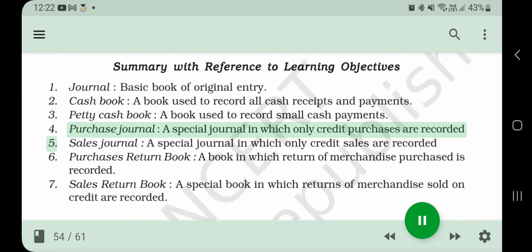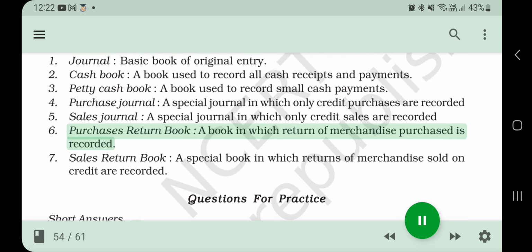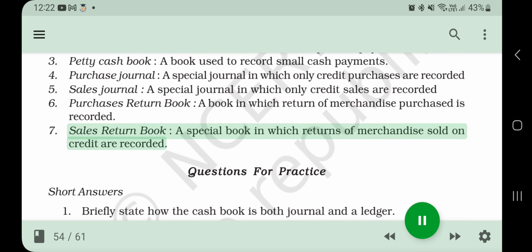Purchase journal, a special journal in which only credit purchases are recorded. 5. Sales journal, a special journal in which only credit sales are recorded. 6. Purchases return book, a book in which return of merchandise purchased is recorded. 7. Sales return book, a special book in which returns of merchandise sold on credit are recorded.